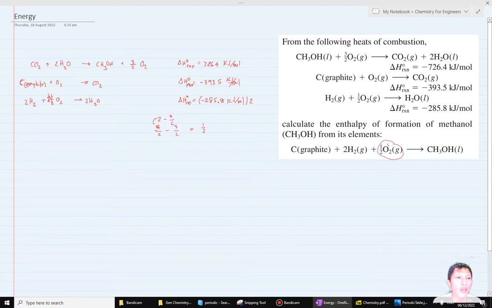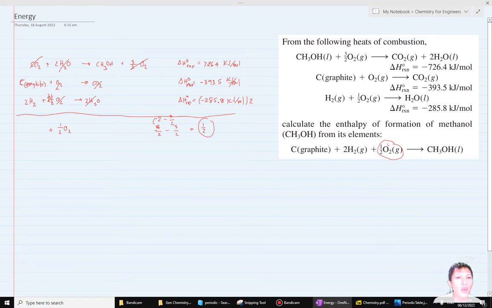So I guess this is already correct, meaning I can already sum this up. The oxygen gives 1/2 of O2. For carbon dioxide, you can see that it will be cancelled off. For water also, you have 2 water molecules here and 2 water molecules here.